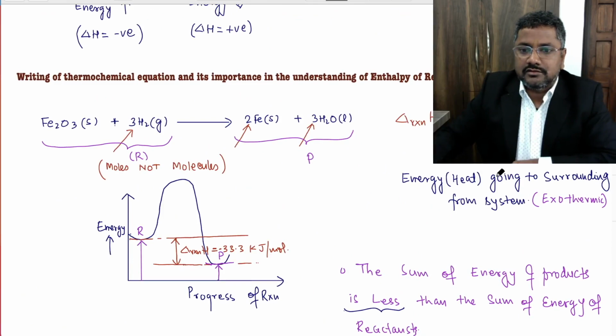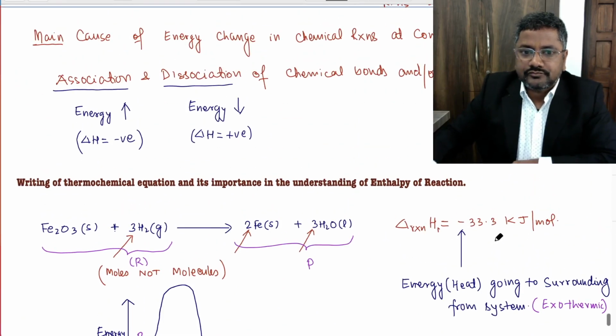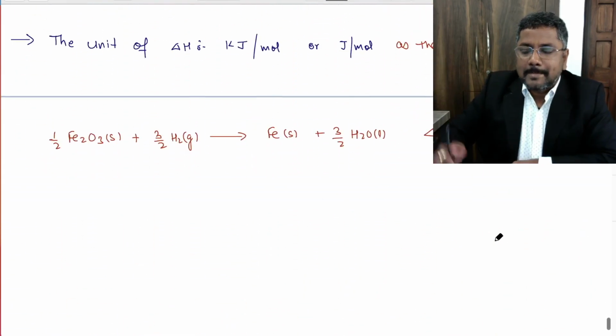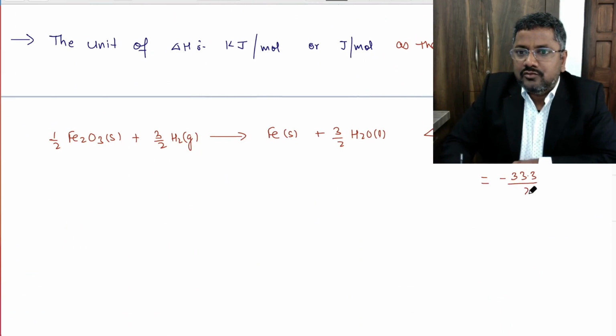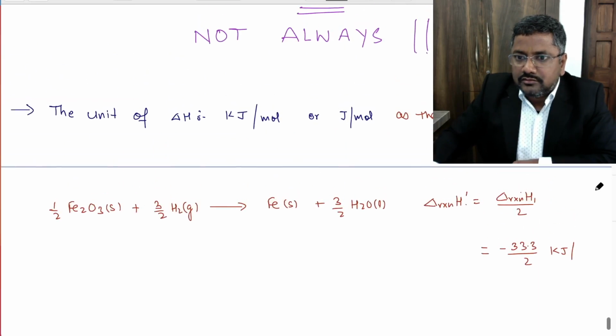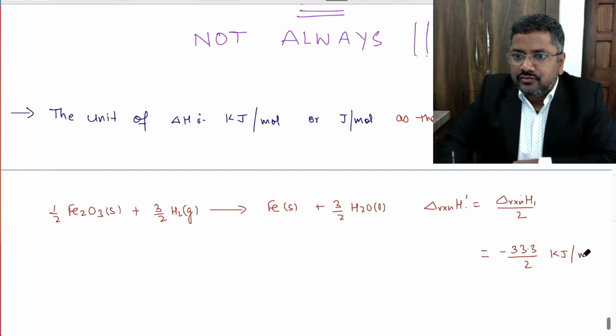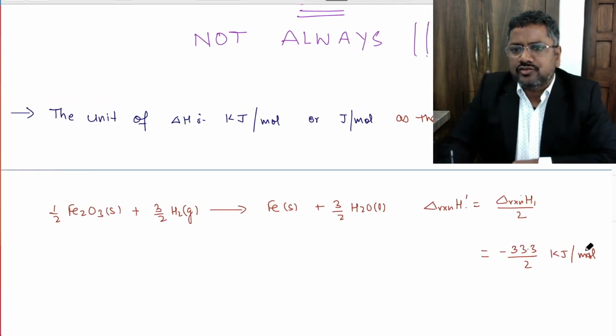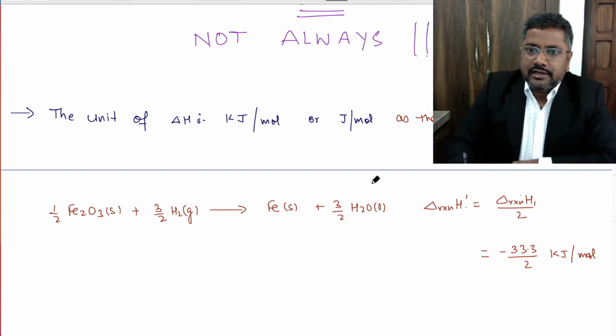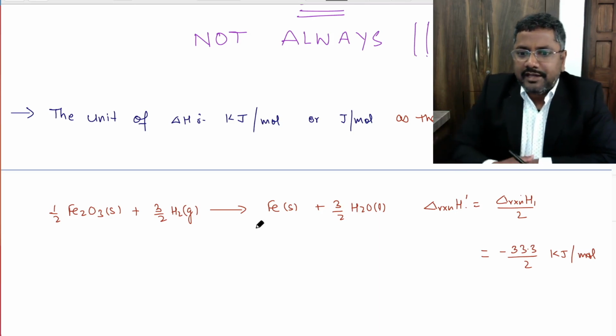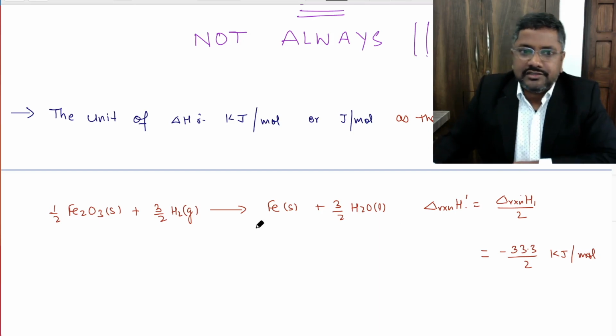So this is equal to minus 33.3 by 2, and again you are writing kilojoules per mole. This time also you have to use per mole, right? So if you divide or multiply any equation by any factor, delta H accordingly will change.